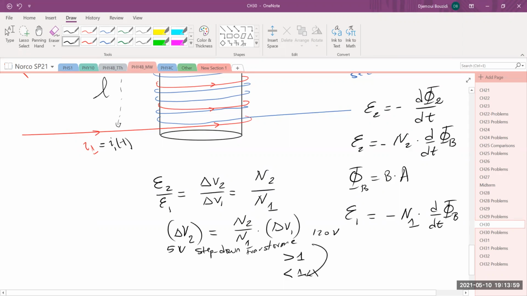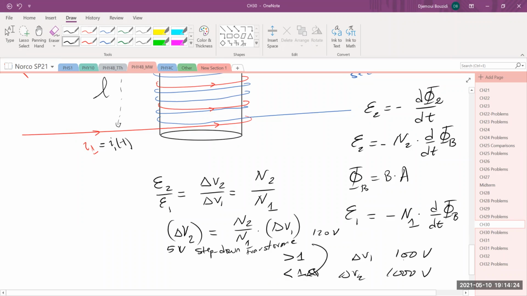Actually, it's this condition, when the ratio of N2 over N1 is less than 1. When the ratio of N2 over N1 is more than 1, let's say, for example, you have 100 volts, and this ratio is 10. So the end result in here, the voltage is going to be 10 times 100, which is 1,000 volts. That is delta V2, and this is delta V1.